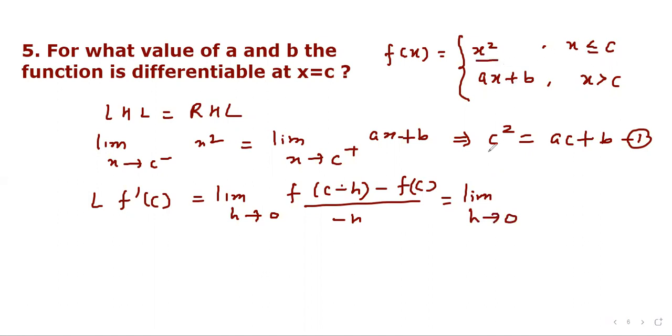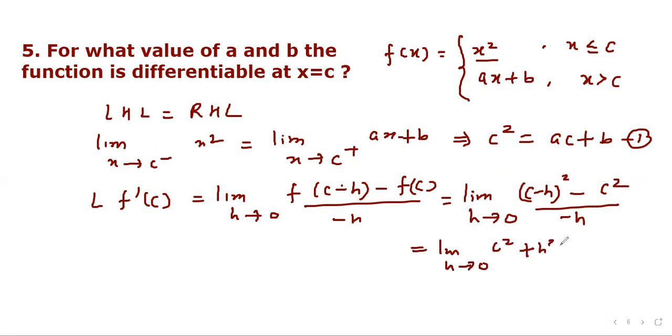It means we have to write this. So it will be (c minus h) square minus c² divided by minus h. We simplify it. So it will give limit h tends to 0, c² plus h² minus 2ch minus c² divided by minus h. From where we get 2c.